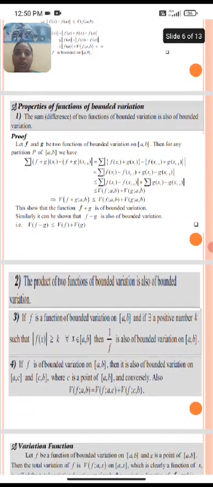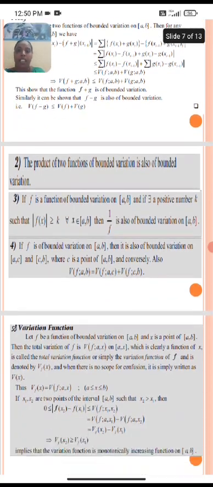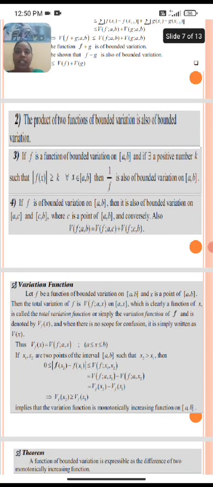The properties of bounded variation. The sum or difference of two functions of bounded variation is also of bounded variation. The second property: the product of two functions of bounded variation is also of bounded variation. The third property: if f is a function of bounded variation on [a, b] and there exists a positive number k such that modulus of f(x) is greater than or equal to k for all x belonging to [a, b], then 1 by f is also of bounded variation on [a, b].